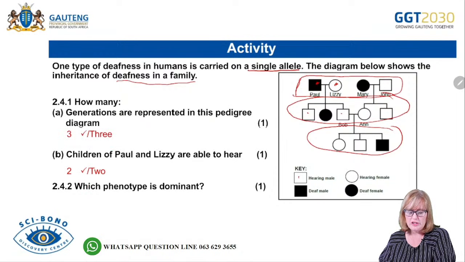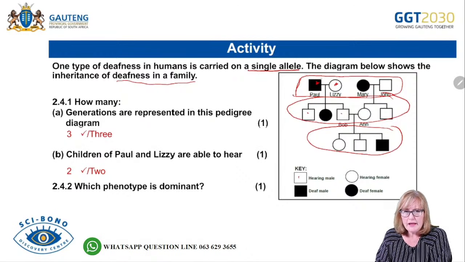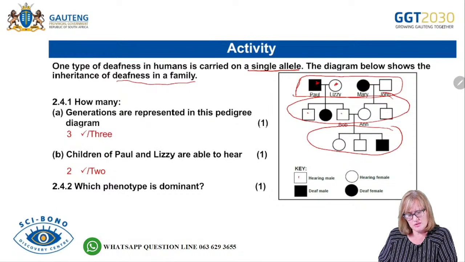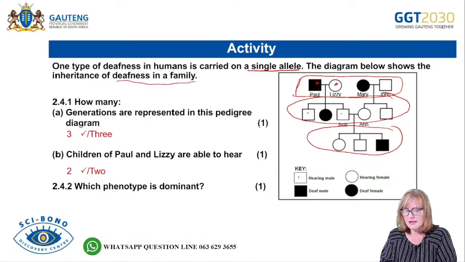Right? Which phenotype is dominant? All right, so now we have to go and look here at the different, you have to work backwards. Now, if you look at Paul and Lizzie, they both have different phenotypes. So their children won't tell you anything because the one has got the recessive and the one has got the dominant. The same with Mary and John.